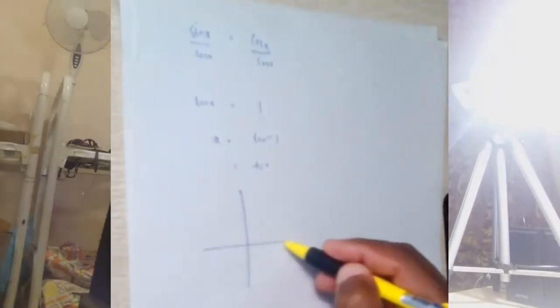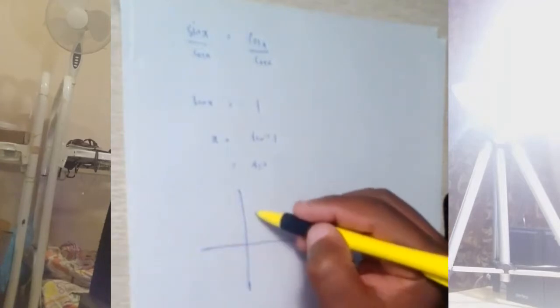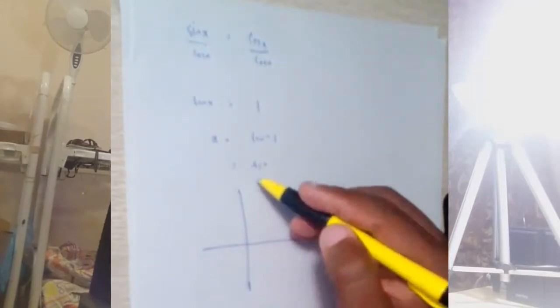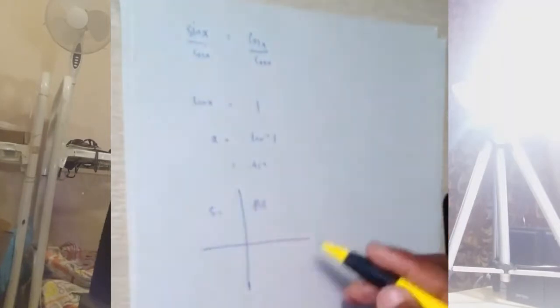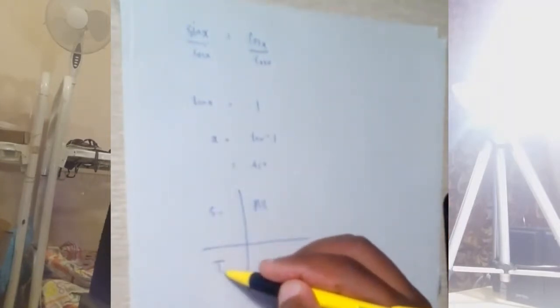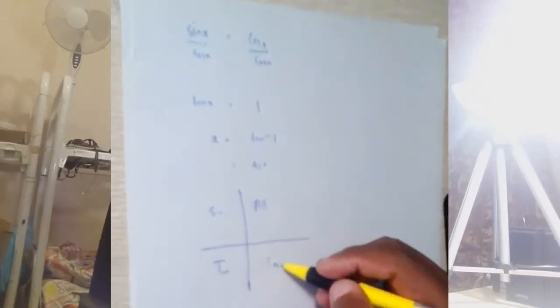So this is how we solve for multiple angles. We'll draw this, and in this first quarter we have all positive. Here we have sine x being positive, here tan x being positive, and here cos x being positive.